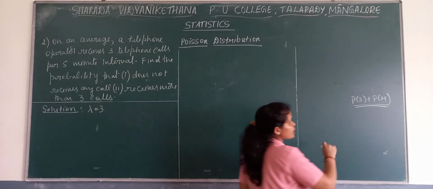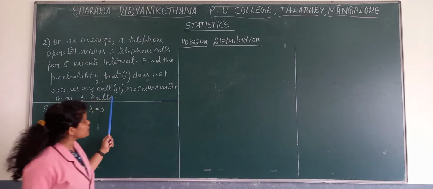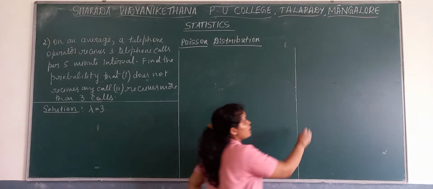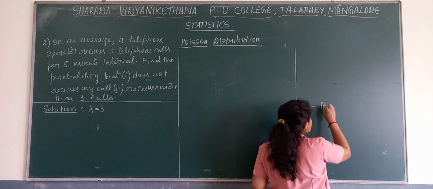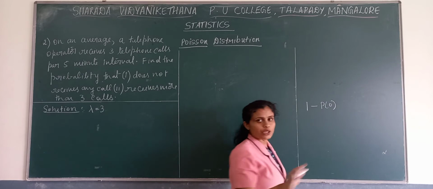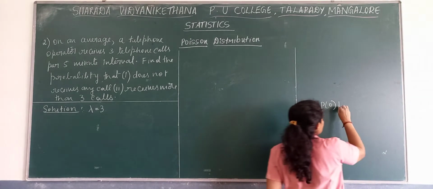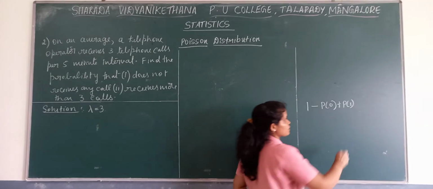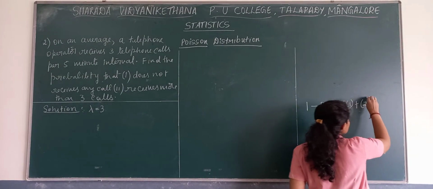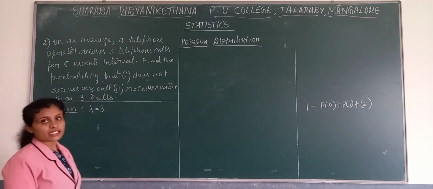What can you do here? More than 3 means you have one option. From the total, you deduct none, P of 0, the possibility of not receiving any call, plus the possibility of receiving one call, deduct. Possibility of receiving 2 calls, you deduct. What is the question? More than 3.